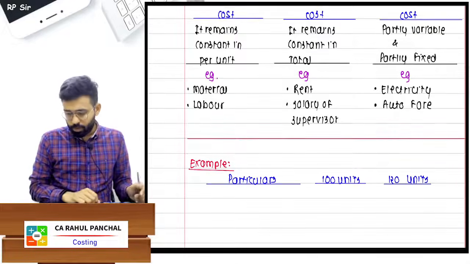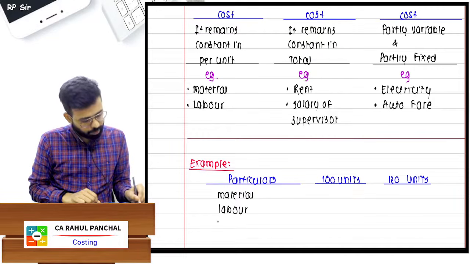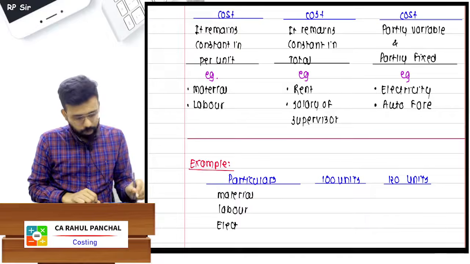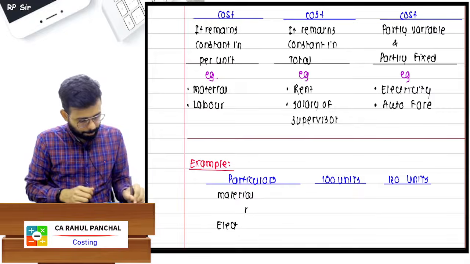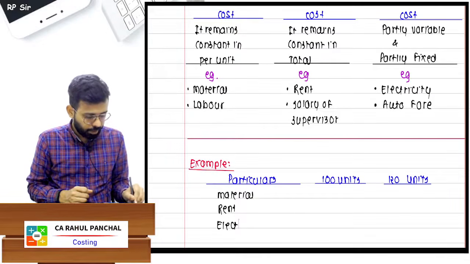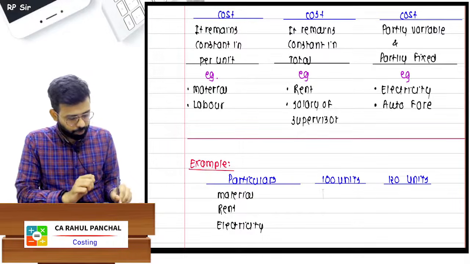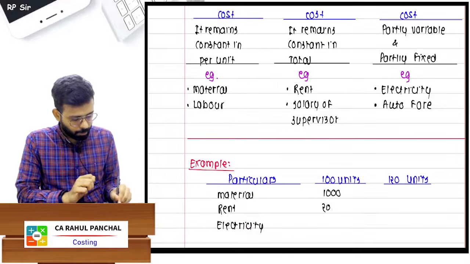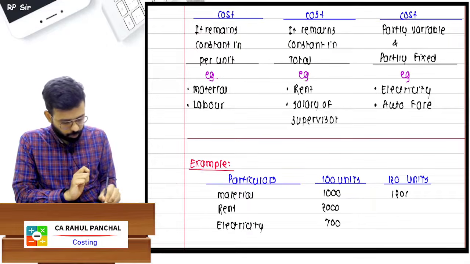There are three costs: material, rent, and electricity. My costs are 1000, 2700, then 1200, 2000, and 740.